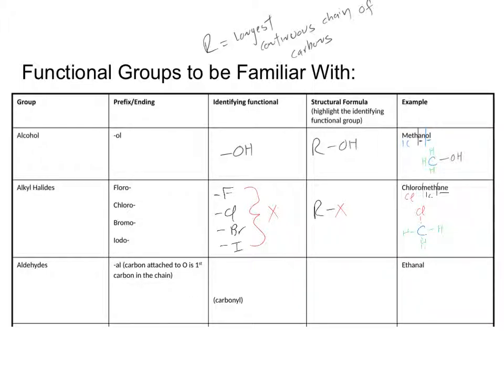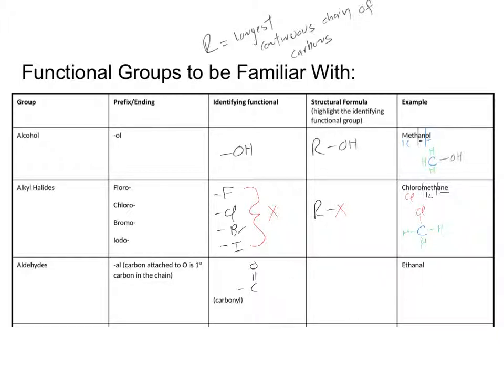Aldehydes are a different class of functional group that has a carbon with an oxygen that is double bonded to the first carbon in the chain. So what that would really look like is carbon double bonded to an oxygen.